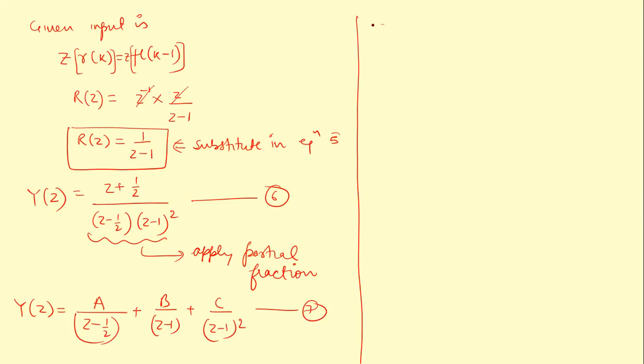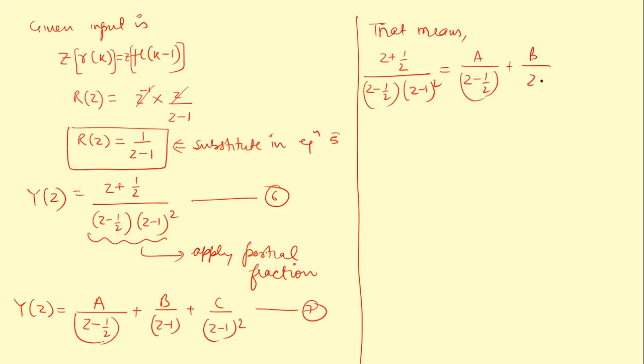So that means z plus 1 by 2 divided by z minus 1 by 2 into z minus 1 whole square is equal to A by z minus 1 by 2 plus B by z minus 1 plus C by z minus 1 whole square, right? Now we can solve this equation for A, B and C, okay?